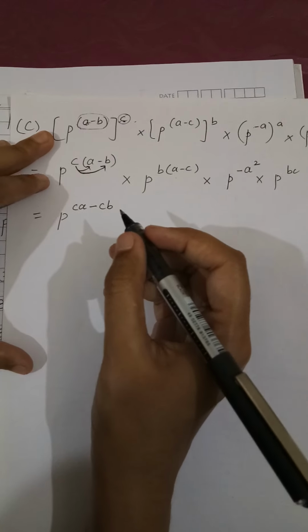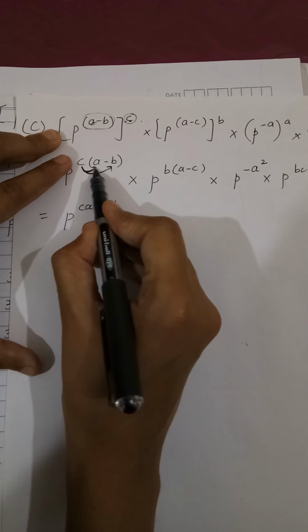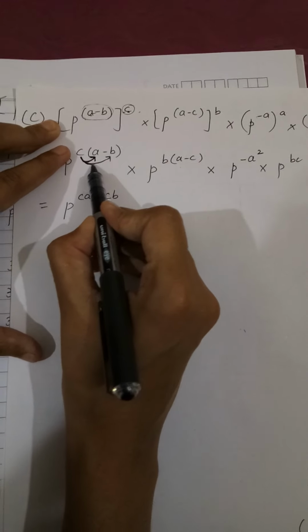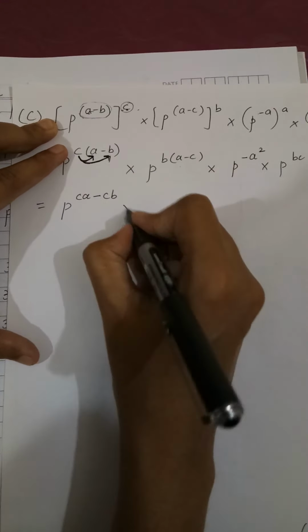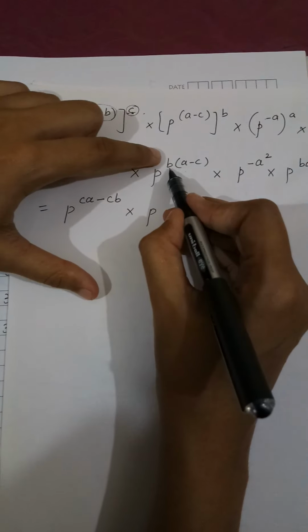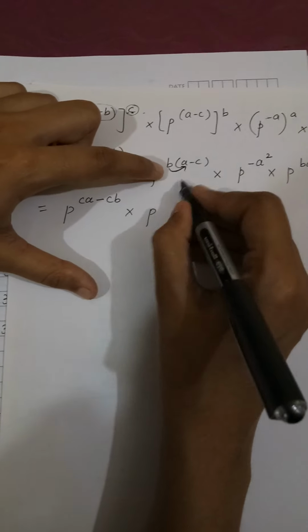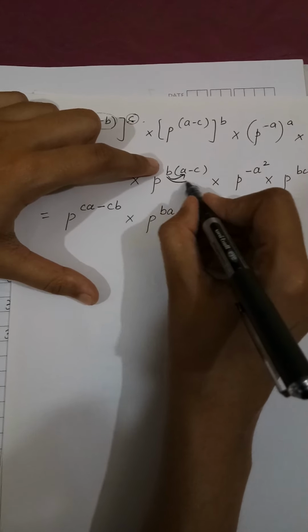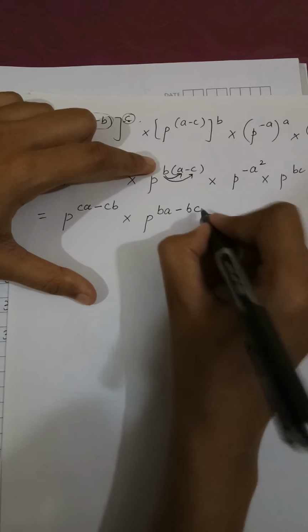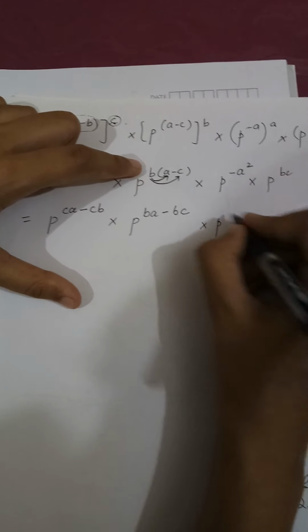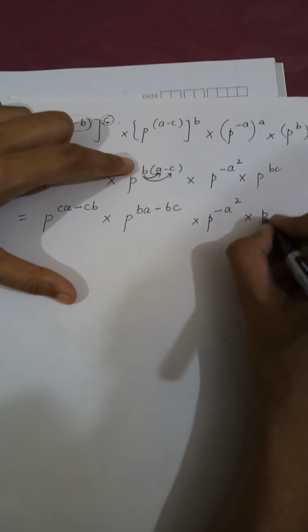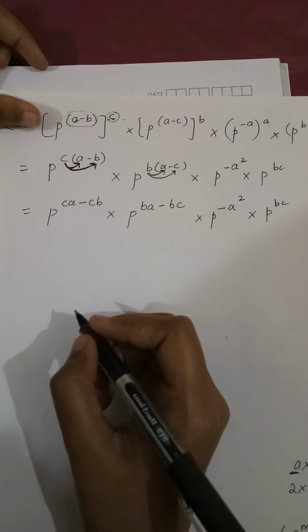What I have done in this distributive law, firstly I have multiplied c with a, then I have multiplied c with b. Then b I have multiplied with a, and then b I have multiplied by c. This is minus bc, into p to the power ba minus bc, into p to the power minus a square, into p to the power bc. Fine.